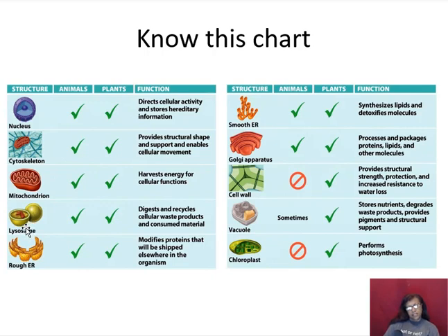Then we have something called the lysosome. The lysosome basically digests and recycles cellular waste products and consumed material. So the lysosome is really cool because it's this acid pit, essentially. It is a vesicle that is filled with acid.